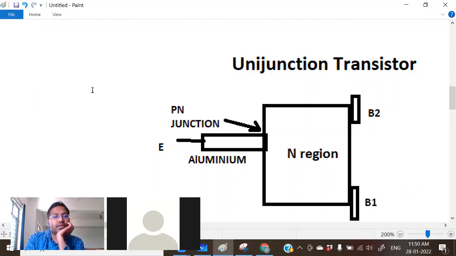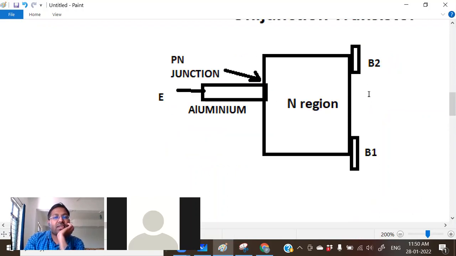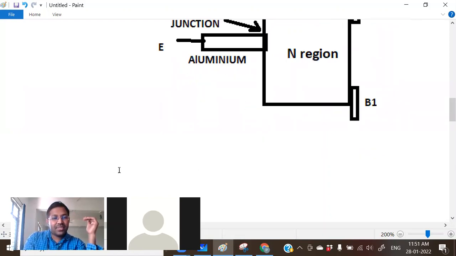Now, if you see the equivalent circuit of this, you have a PN junction followed by an N region. The equivalent of this we can represent by a PN junction diode.